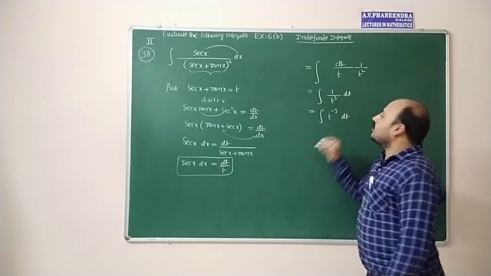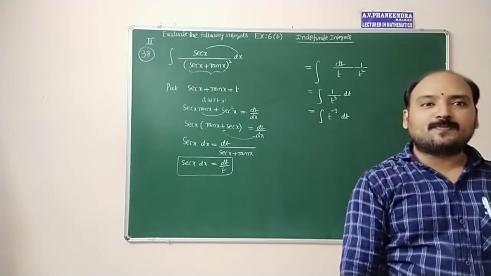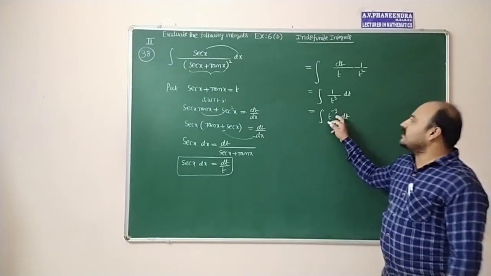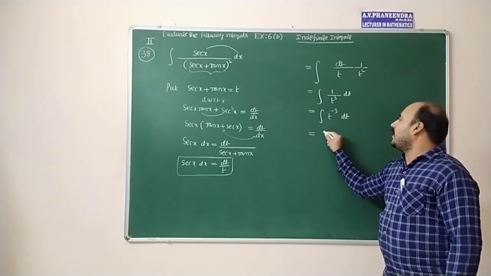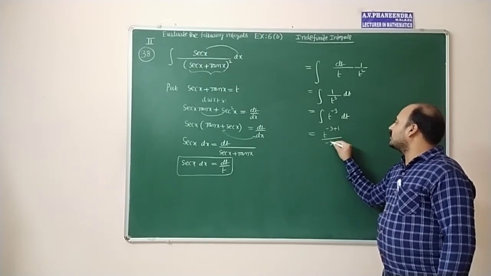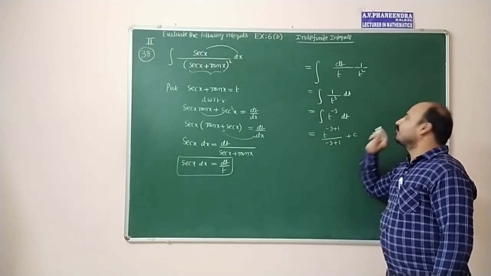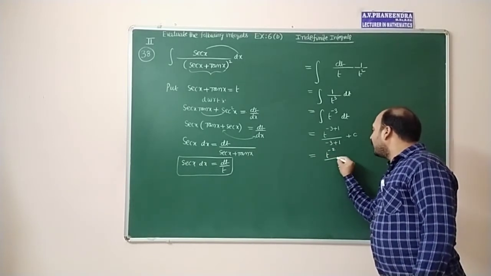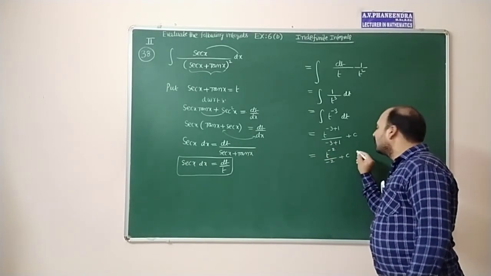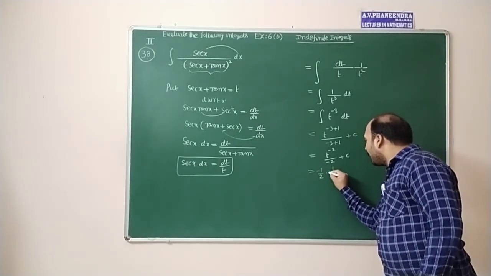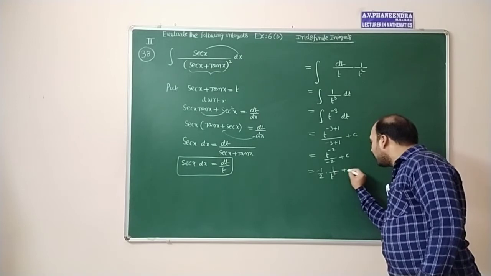It is in the form of x power n. Integral x power n is x power n plus 1 by n plus 1. Where n is equal to minus 3 here, t power minus 3 plus 1 divided by minus 3 plus 1, plus c, which is equal to t power minus 2 divided by minus 2 plus c, which is equal to minus 1 by 2 into t power minus 2, that is 1 by t square, plus c.